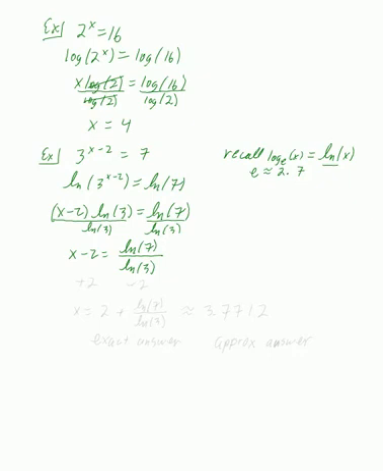Now, you need to believe that natural log of 7 is a number. It's about 1.9, and the natural log of 3 is about 1.1. So all of that divided together is going to give you a number. I'm going to go ahead and add the 2 to both sides. I'm going to get that x is equal to 2 plus natural log of 7 divided by natural log of 3. This is the exact answer.